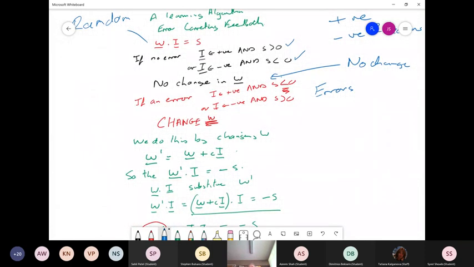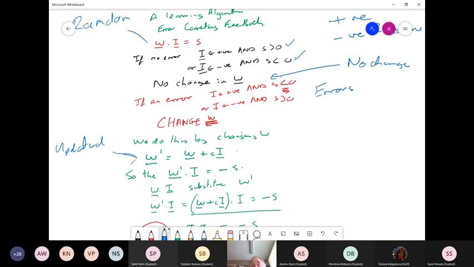And the algorithm we use to change the weight vector is to change it by adding a fraction of the input pattern. And the condition of that is the new weight vector, the updated weight vector, gives a scalar product which is equal but opposite in sign to the original weight vector.